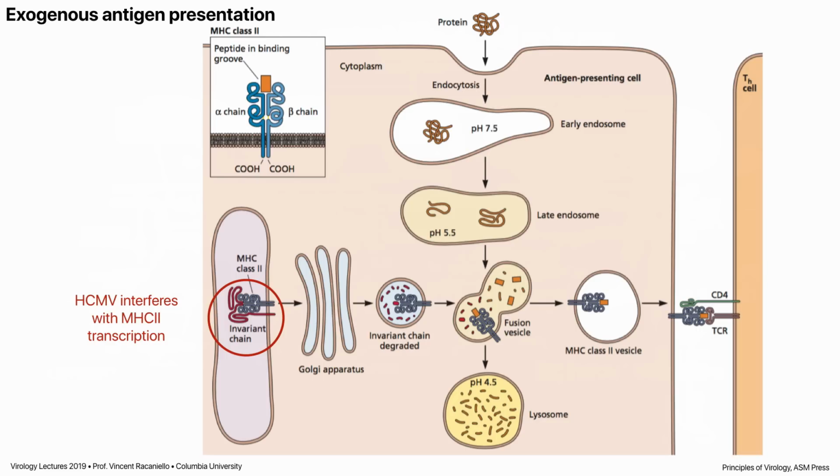It's not cleared when you're initially infected because of mechanisms like this. It evades immune clearance. This pathway, the MHC2 pathway, is restricted to only a few cell types in the body, including antigen-presenting cells. And there are not a lot of viral antagonists of this pathway. This is one of the few here. And as you'll see in contrast, the MHC1 pathway is far more antagonized.